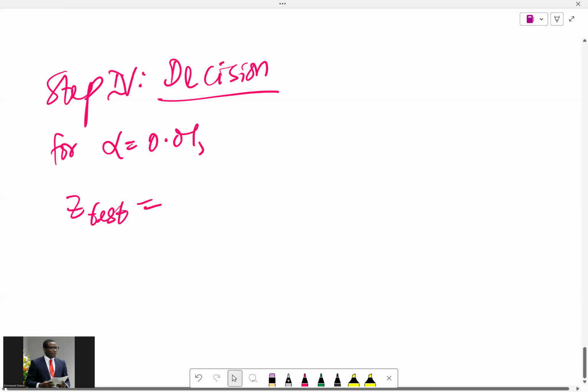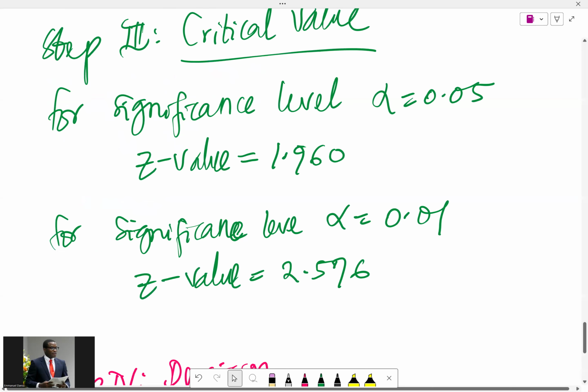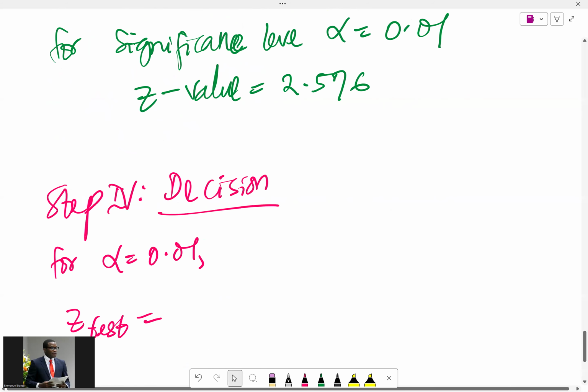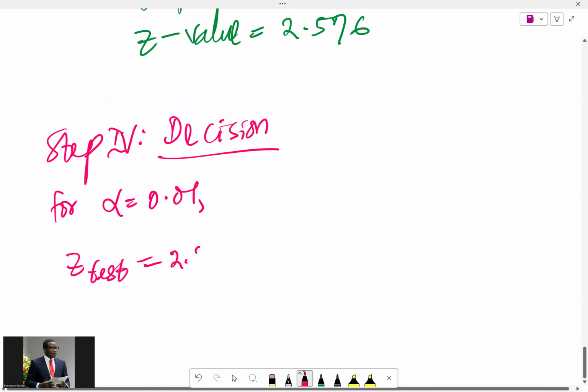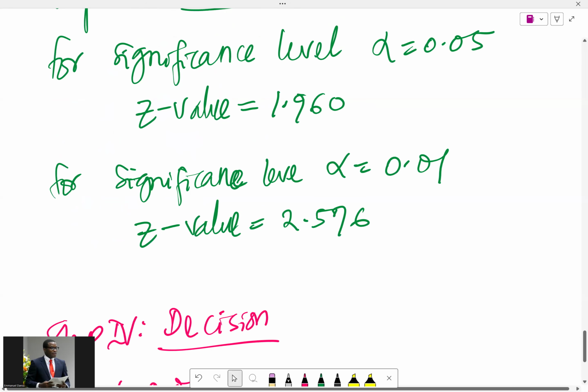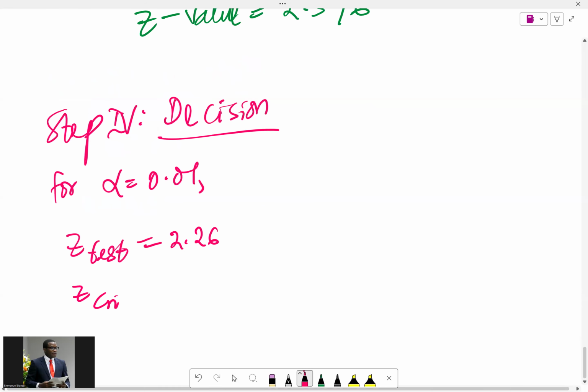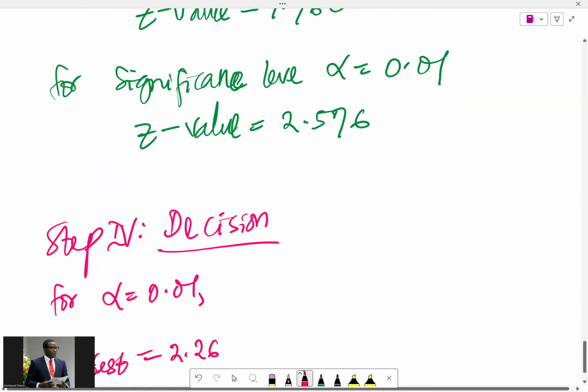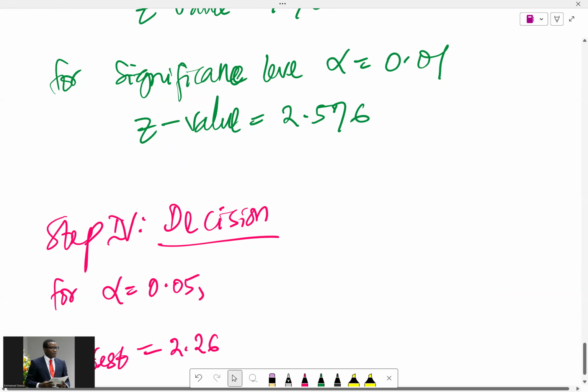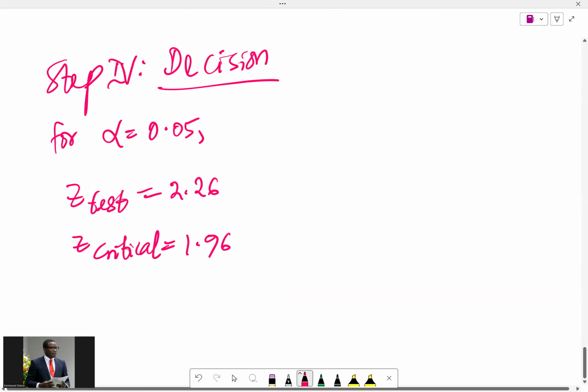We had to do a Z test because we have a large sample size, 200. Then Z critical for 0.05 is 1.960. So what do we decide here?